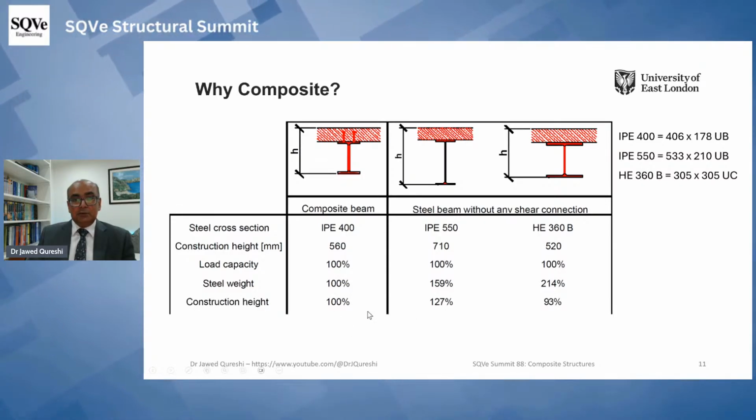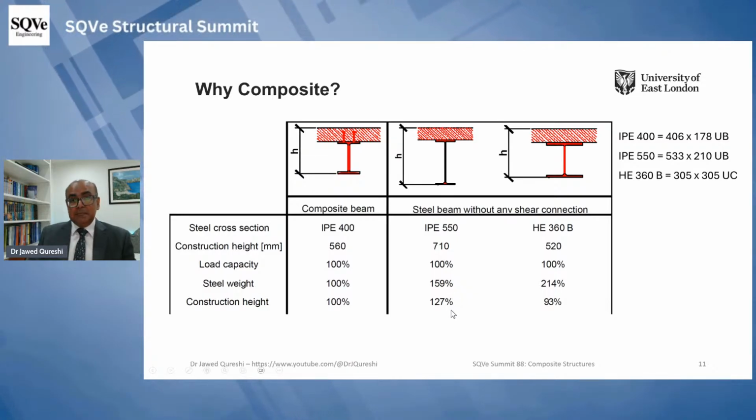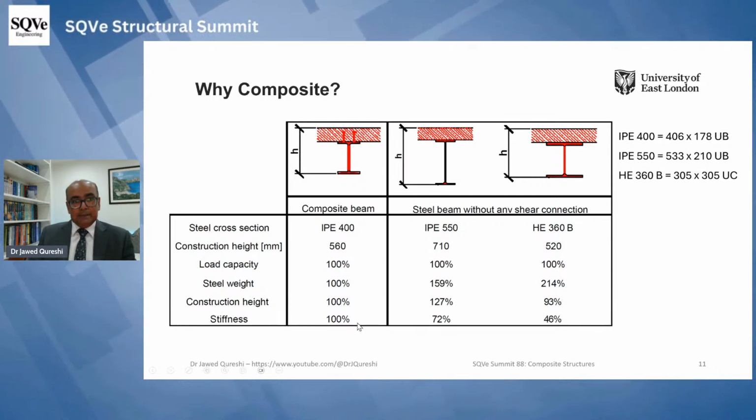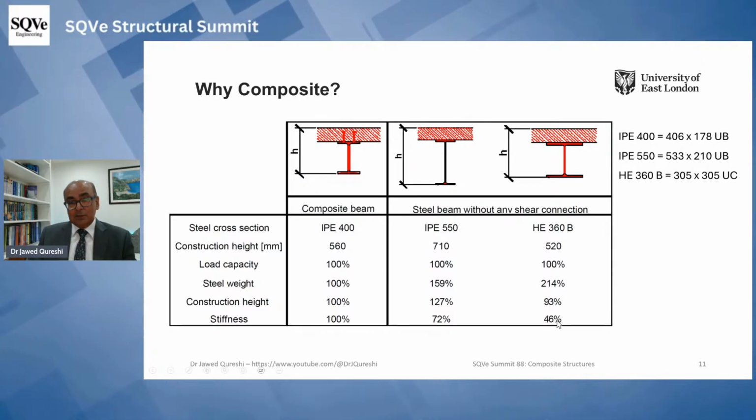Construction height is really very important. Here you can see construction height is 127. It's 27% more in case of the non-composite beam, and in case of the universal column it is 93. It is important to note that stiffness is quite a lot as well. In case of non-composite, stiffness is 72, and in case of the column it is just 46.